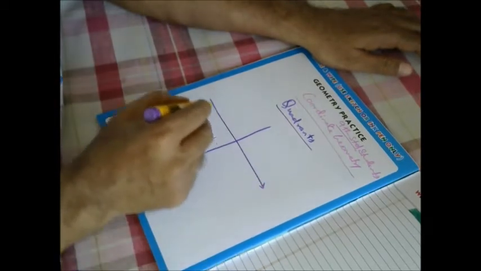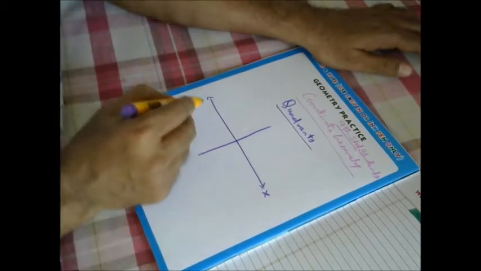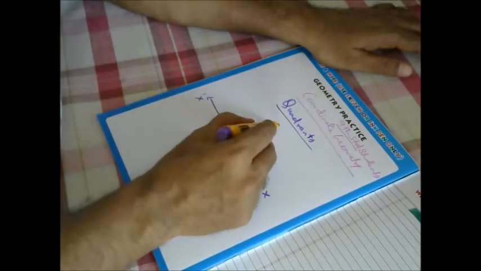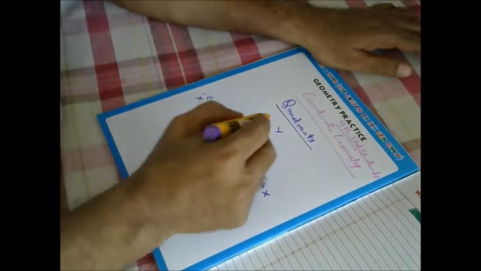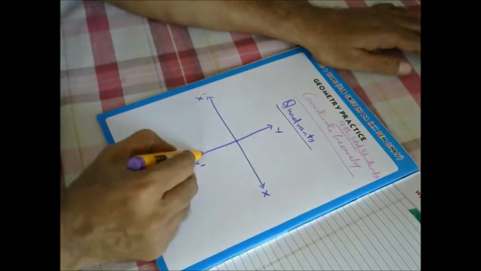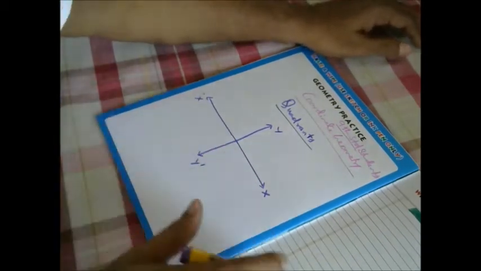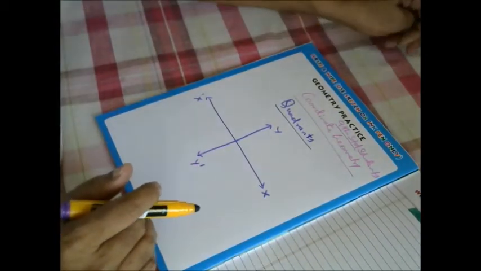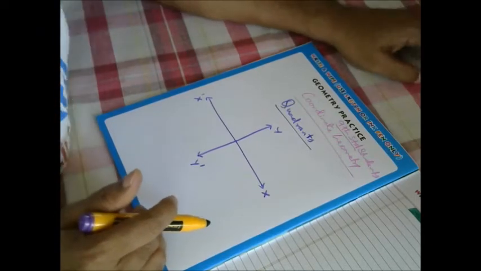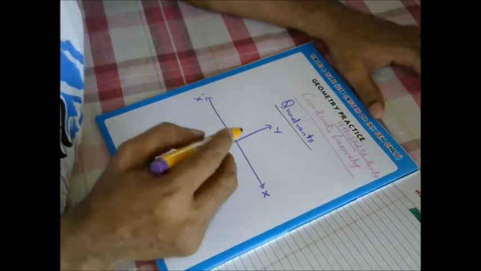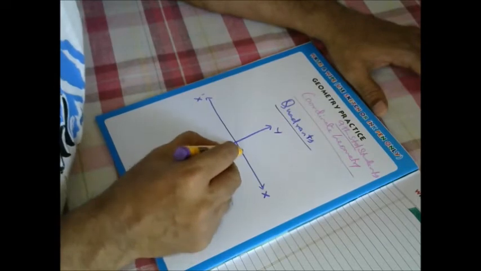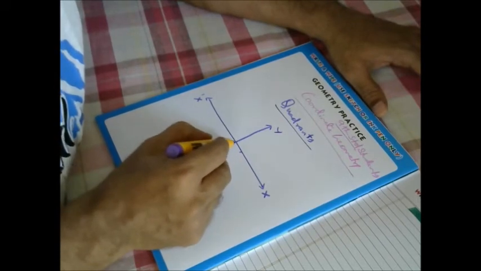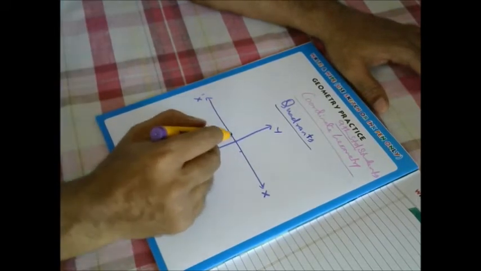So this is the x axis, x dash we are writing. Then y dash. This arrow shows that this is a line which extends on both sides. So this is the origin having 0 and 0.